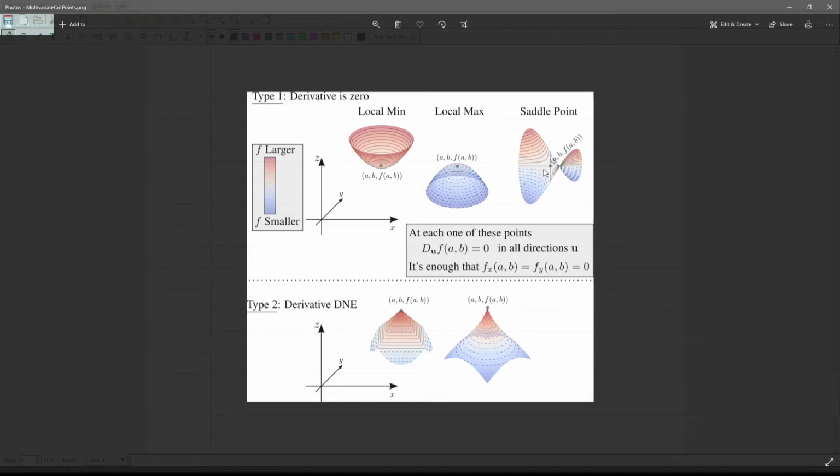The other type of critical points, where the derivative does not exist, are also very important. You can see here in this picture an example of two different types of local maximums that could occur at cusp points, or points where the derivative does not exist. This first example is like a pyramid type function, where you have this cusp here, which is a local maximum, and then similarly here, this is like a smooth function, but still this function at this point is not differentiable.